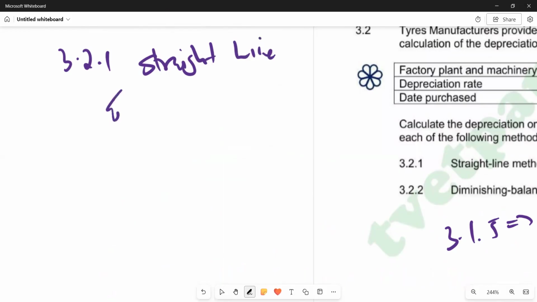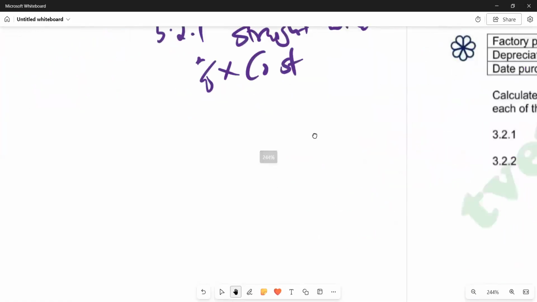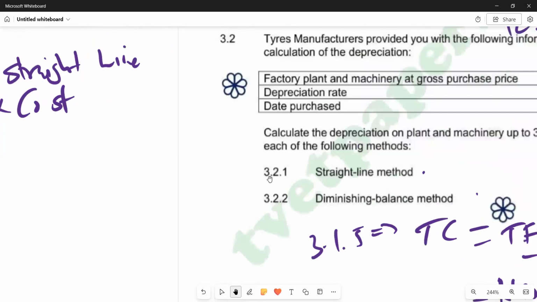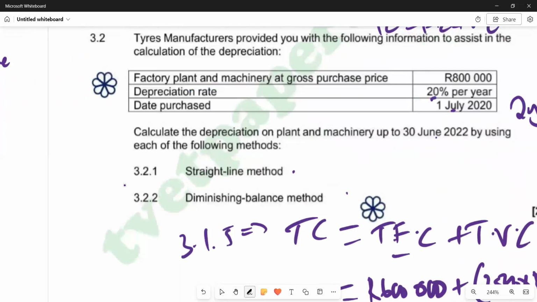the formula is percentage times cost, as simple as that. And then we check our percentage and our cost. Percentage, as we are given there, is 20%. And then the cost is 800,000.